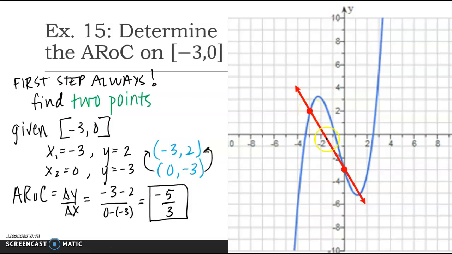If I create this little slope triangle, I come down 5 units, and I go to the right 3 units. What's my slope? Rise over run. My rise is 5 down, so my rise would be -5, and I've run 3 units to the right. So if I create a line between those 2 points, I get the exact same value for the average rate of change.